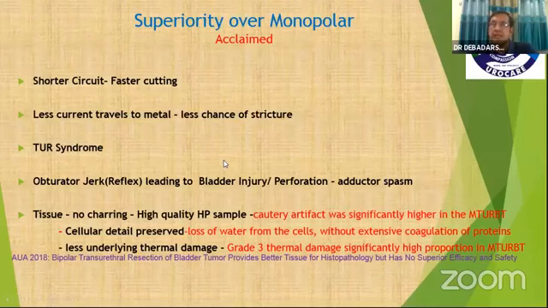It's less travel to the metal because of the resectoscope. So there is a low chance of stricture because the impedance is very low, and the surface area for the transmission of electricity is very high. There is less chance of TUR syndrome. Operator jerk is very less, people claim, and obviously the quality of the histopathological sample given to the pathologist will be affected.